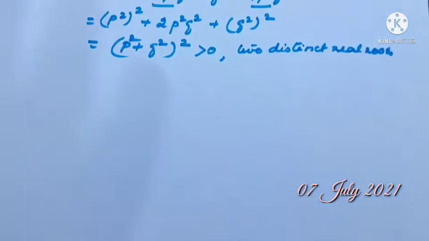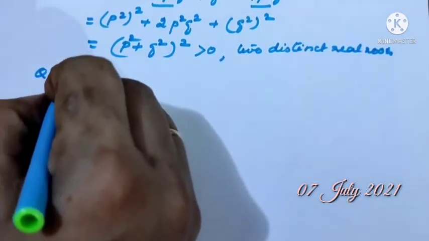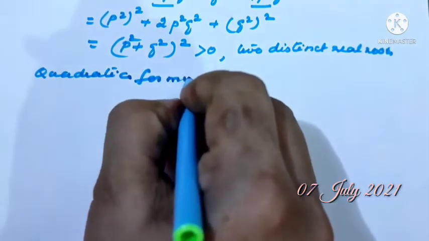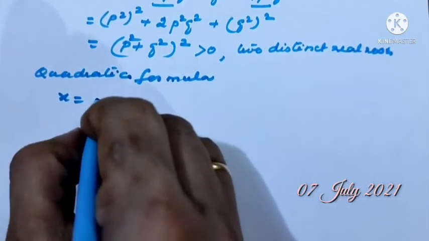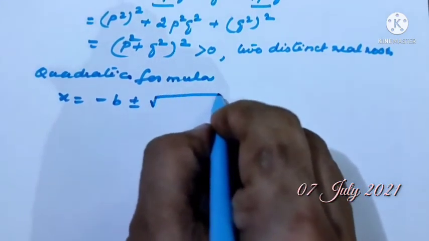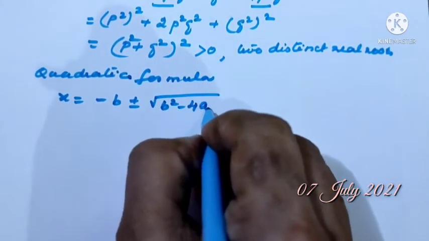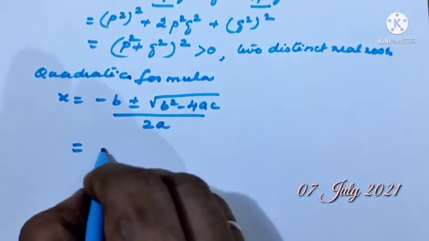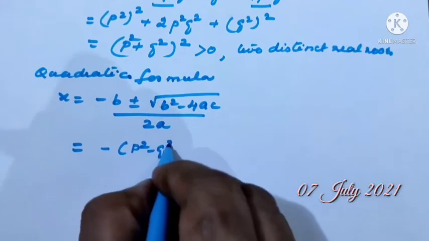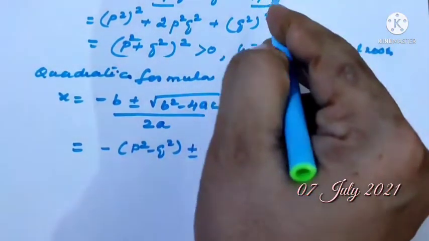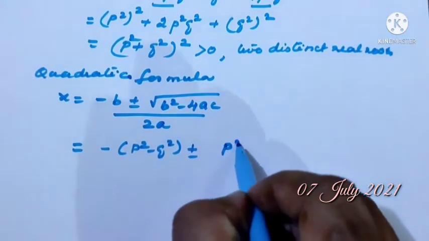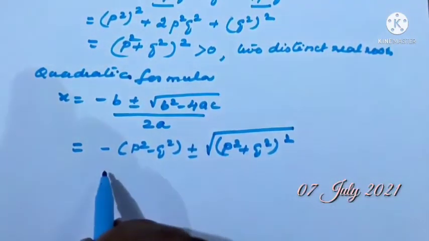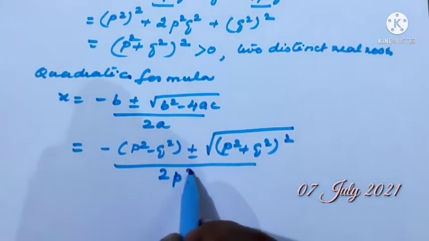Right? Quadratic formula: x equal to minus b plus or minus root of b square minus 4ac divided by 2a. So minus b means minus of p square minus q square, then plus or minus p square plus q square whole square in the root, divided by 2a means 2p square.